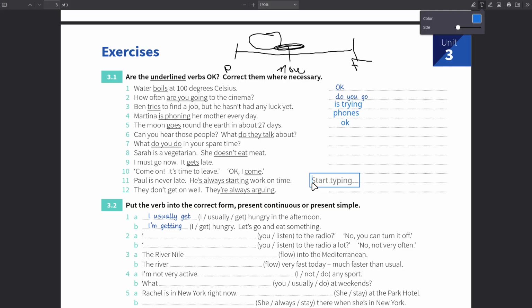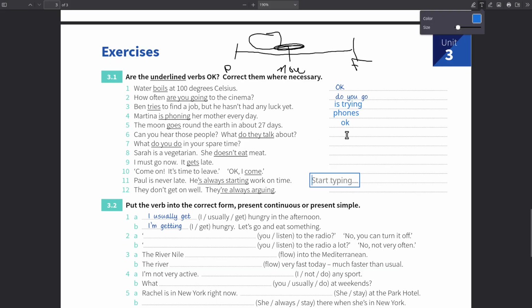And can you hear those people? What do they talk about? Okay, so in this case, let's analyze the first part of the sentence. Okay, can you hear those people? Right. So we're asking a question that is happening right now, because can is a modal for a simple present. Okay, so because we are using this modal, we can think that this person is asking something right now.